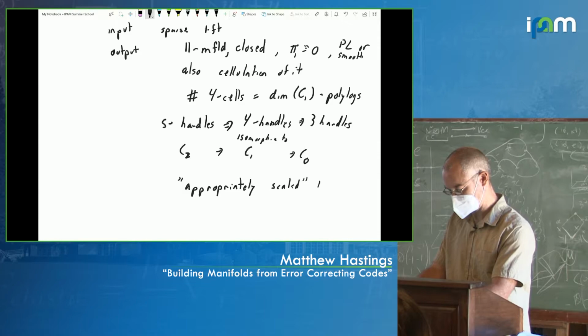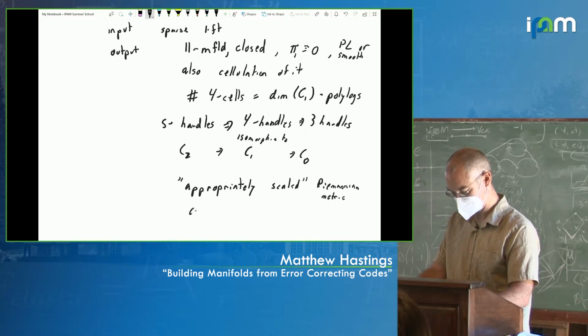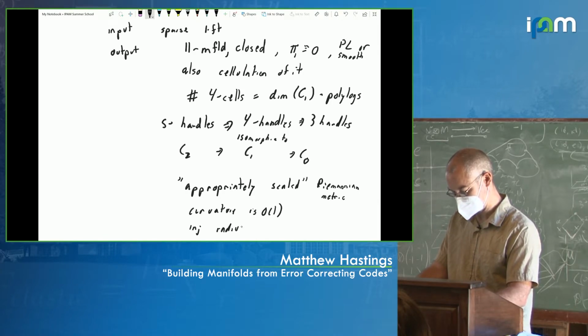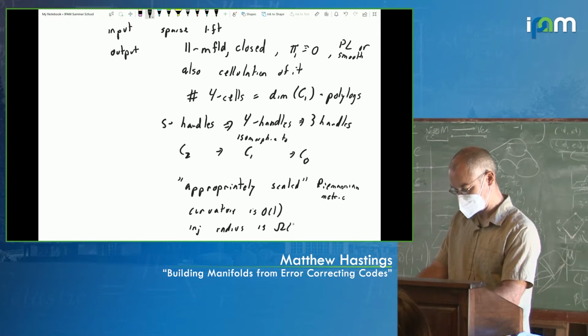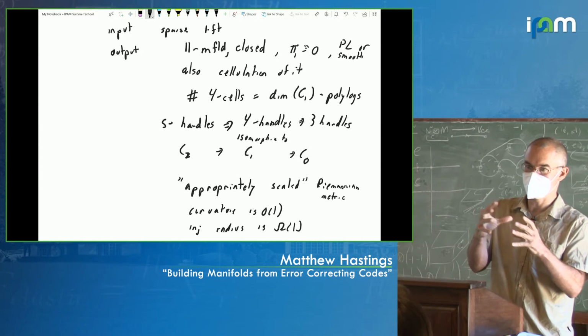And what does that mean? Meaning that the curvature is bounded. Curvature is O of 1, and the injectivity radius is omega of 1. So you haven't sort of done a cheat where the size of a cell is basically of order 1.